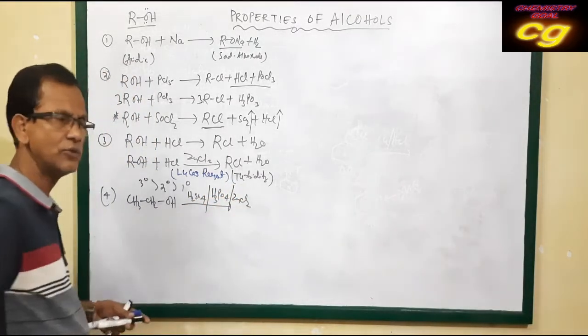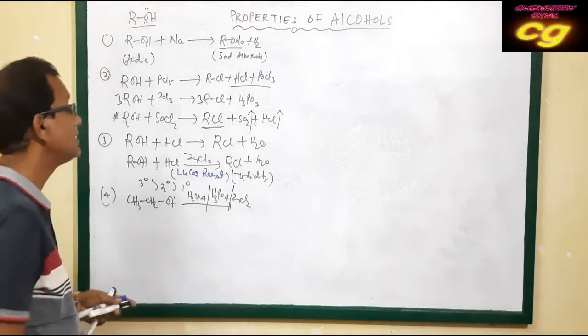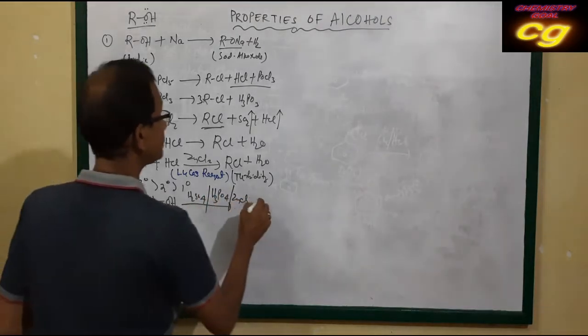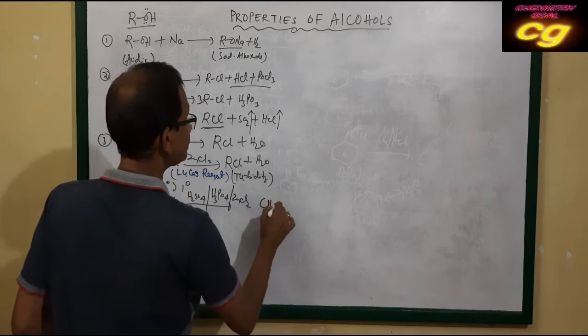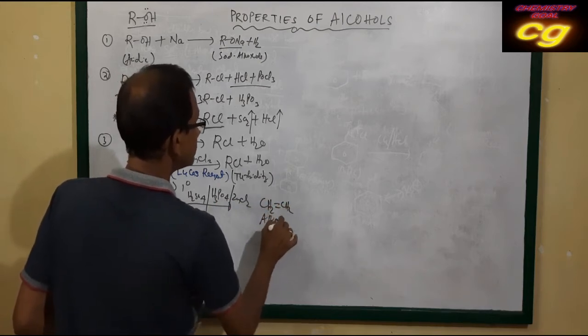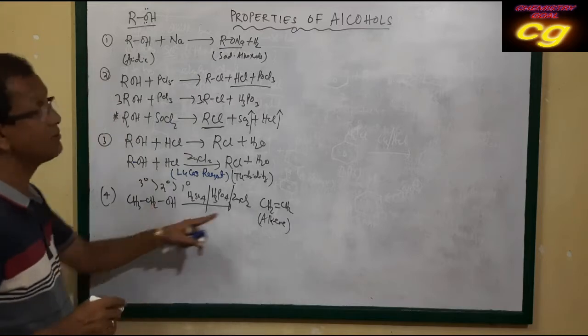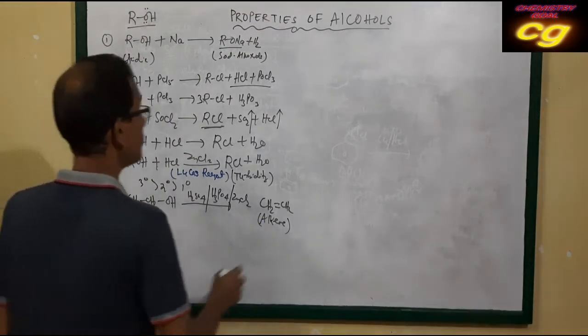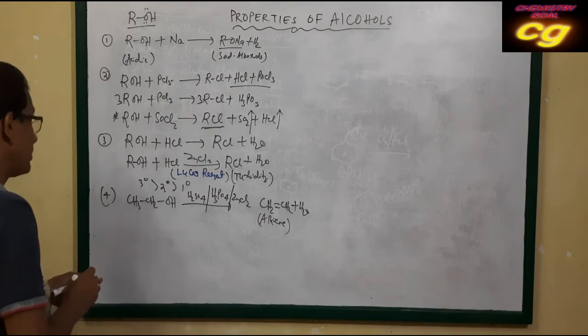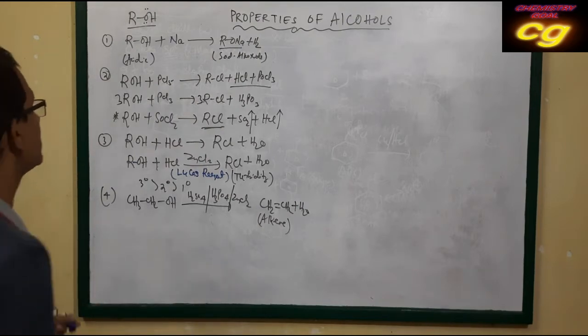ZnCl2, anhydrous zinc chloride, can also be used. It gives an alkene. Ethanol gives ethene, and water is produced. So this reaction is called dehydration of alcohol.